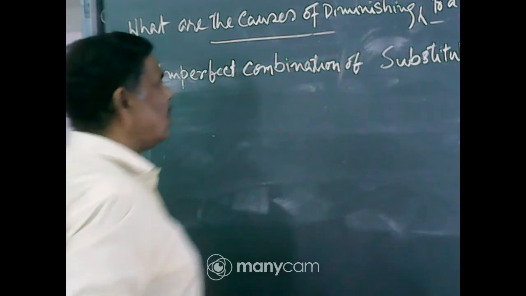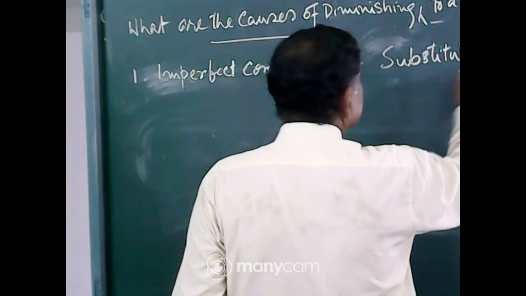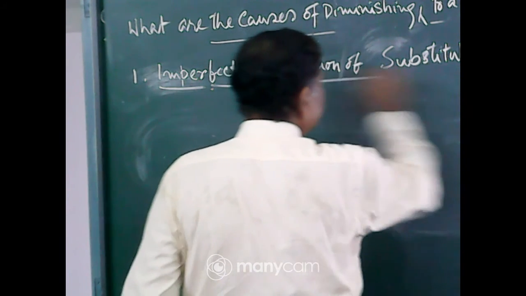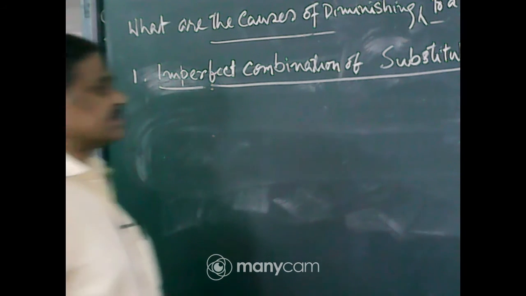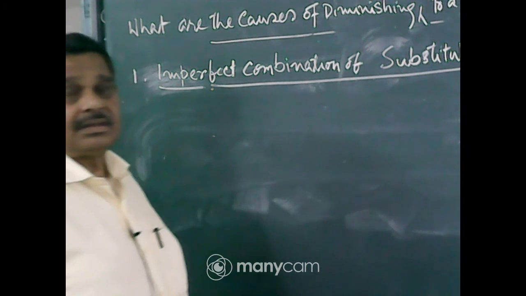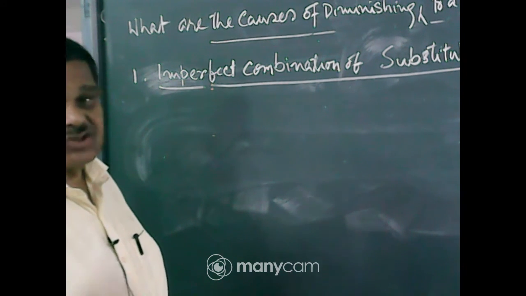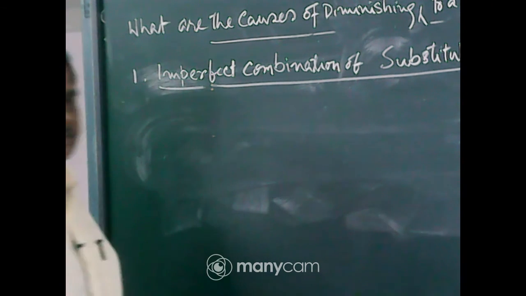Imperfect combination of substitute factors or substitutability. That is imperfect combination. Production is the combination of four factors. That is land, labor, capital and entrepreneur.